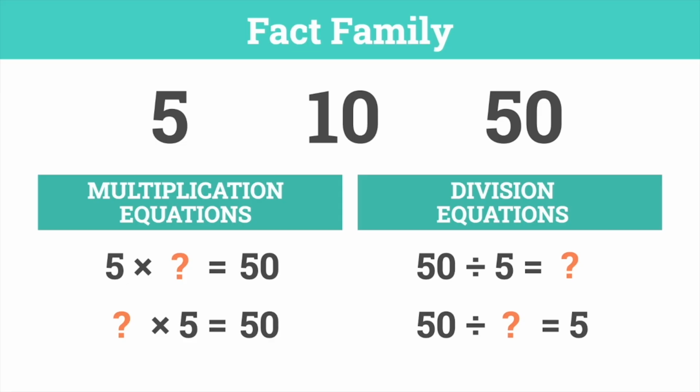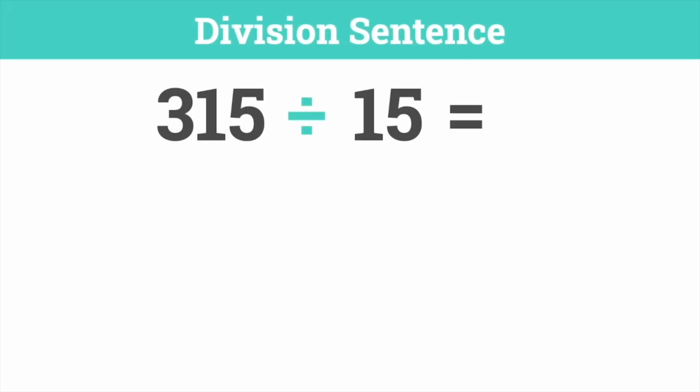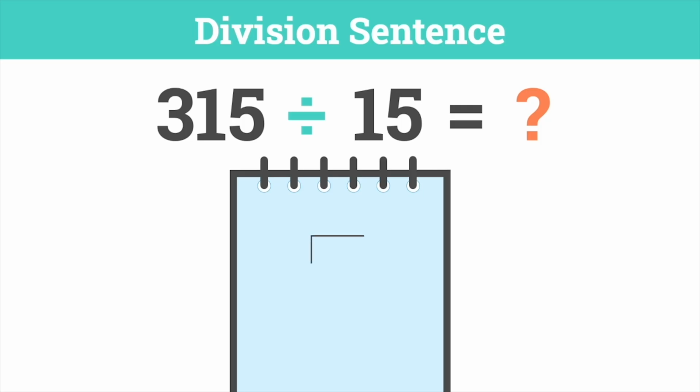Let's try completing some division sentences. What is 315 divided by 15? To find the missing number in the division sentence, we can just divide 315 by 15. Let's use long division, with 315 on the inside of our bracket and 15 on the outside. Now, 15 doesn't go into 3, but it does go into 31 2 times.